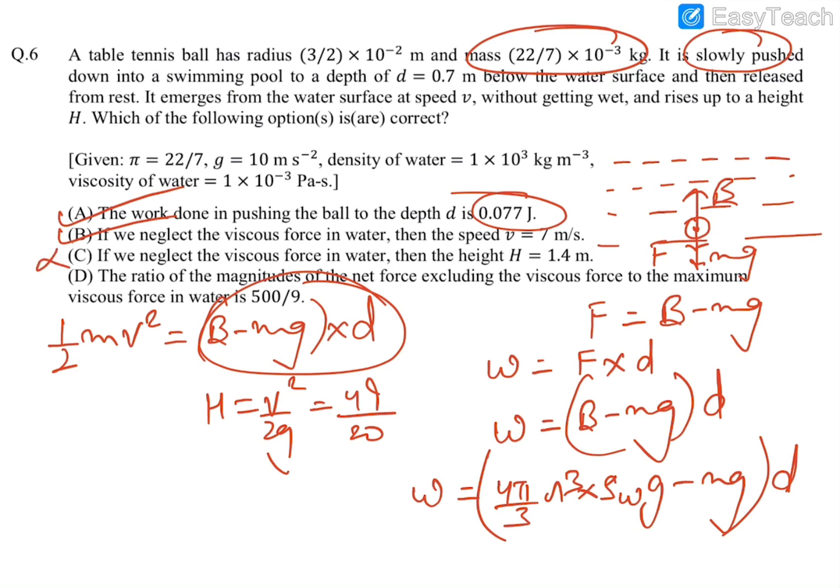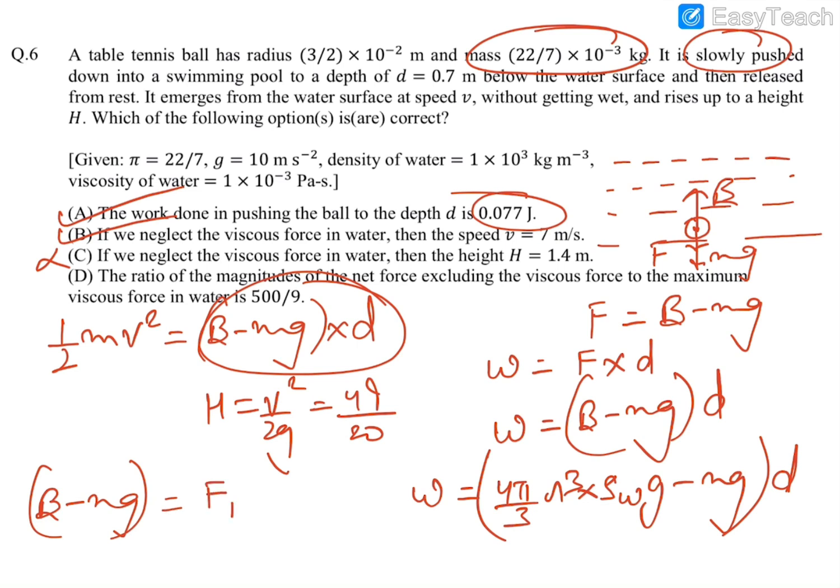And the ratio of magnitude of net force excluding the viscous force to the maximum viscous force is this. So now net force is buoyancy minus mg, we have already written.